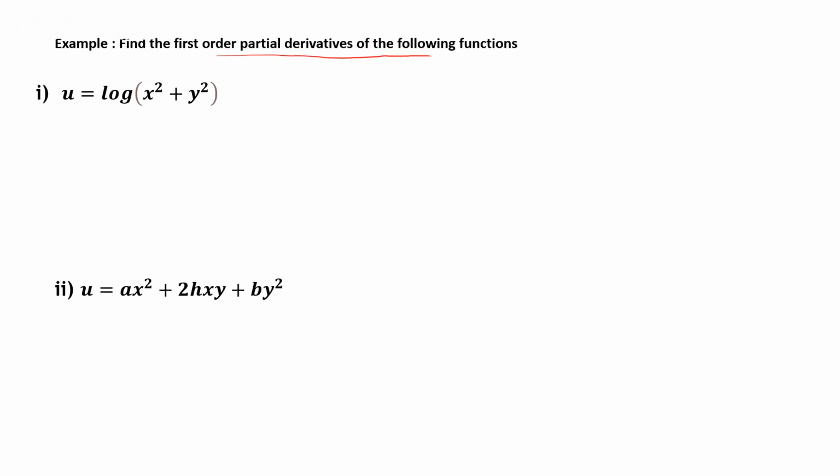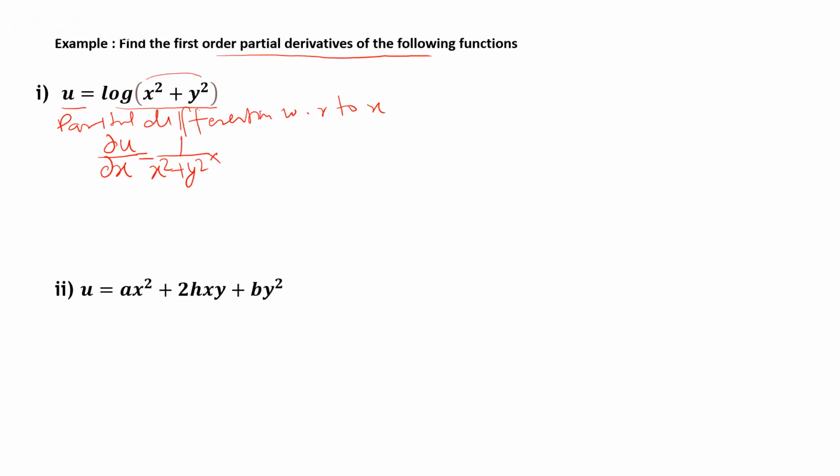Suppose we have a function u is equal to log of x square plus y square. First we take the partial differentiation with respect to x. So we write del u upon del x is equal to, you know the derivative of log is 1 upon x square plus y square, into the derivative of that function.